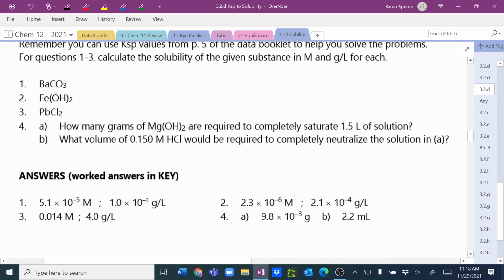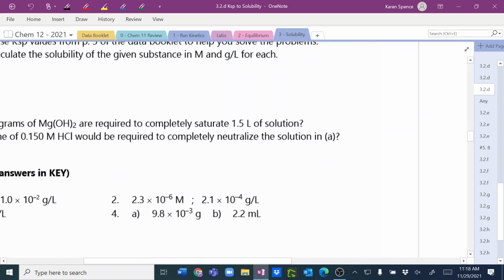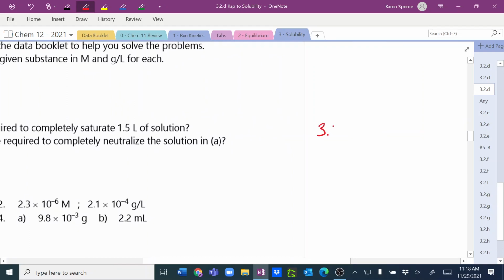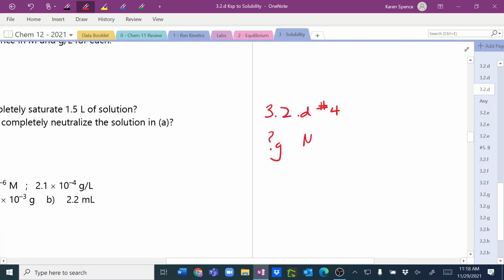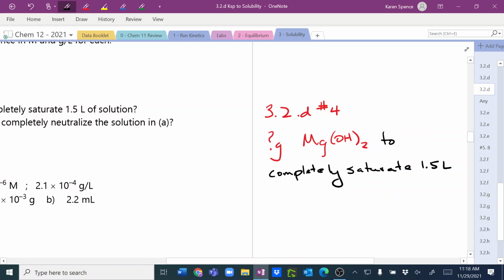How many grams of Mg(OH)2 are needed to completely saturate 1.5 liters of the solution?